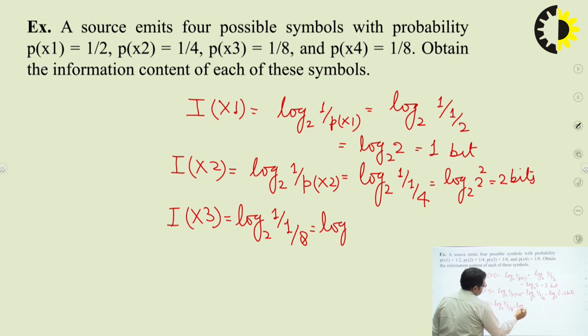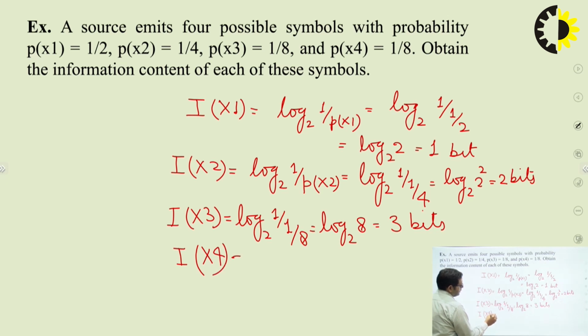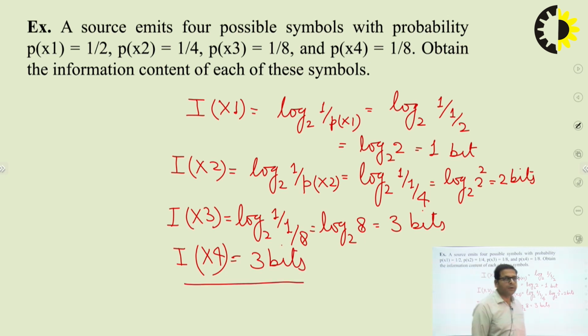This is equal to log 8 and this is 3 bits. Since the probability of occurrence of symbols x3 and x4 is the same, we can directly write that I of x4, the information corresponding to symbol x4, will be equal to 3 bits. So, in this way, we can compute the information content of each symbol.